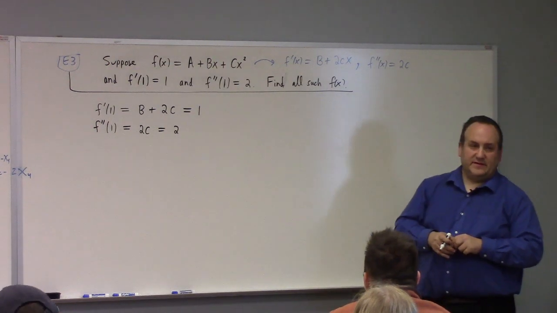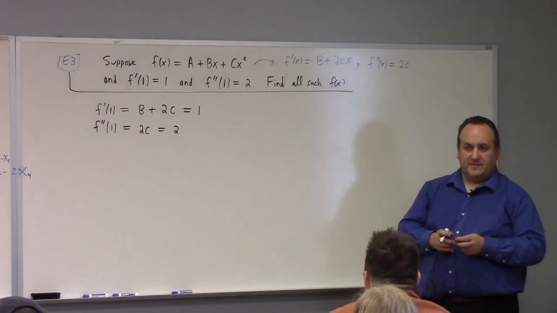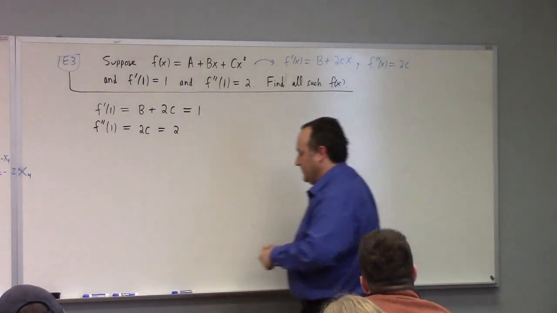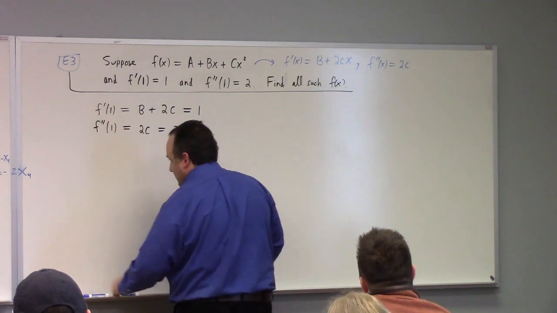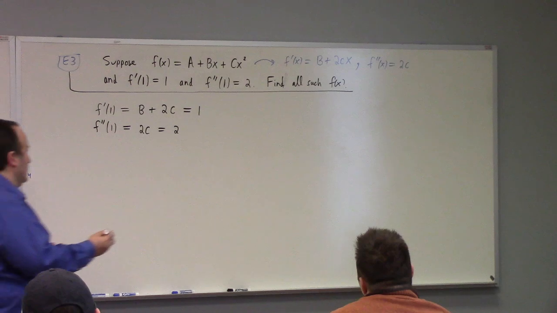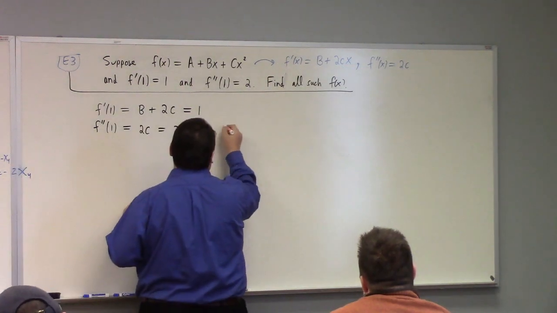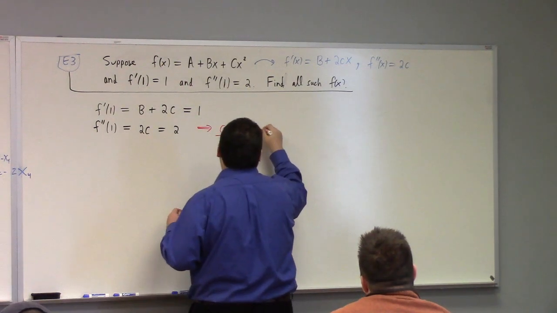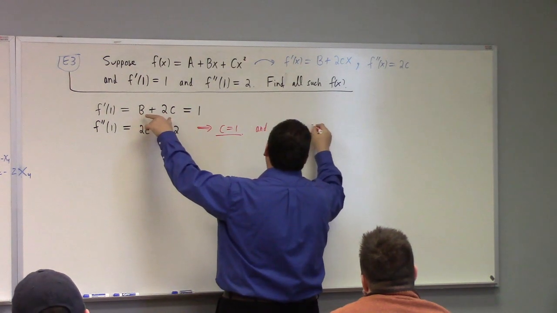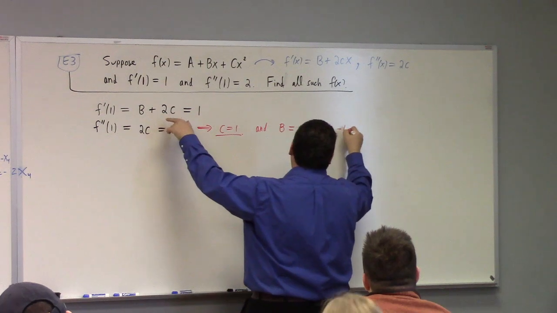So first of all, it's totally dumb to use row reduction here, right? So let me not do that to start with. The right way to solve this problem is very simple. We look at the second equation, it gives us c equal to 1. And then this one, b is equal to 1 minus 2c, also known as minus 1, right?